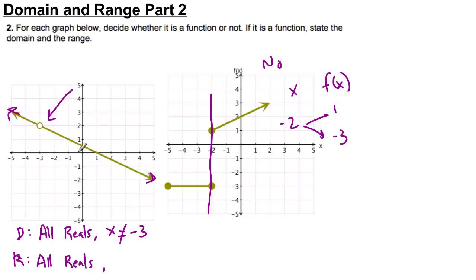This is 0, then 1, then 2. So we say f of x cannot equal 2. Everything but f of x equals 2, because this is the point -3, 2. Okay, so that's it for these problems.